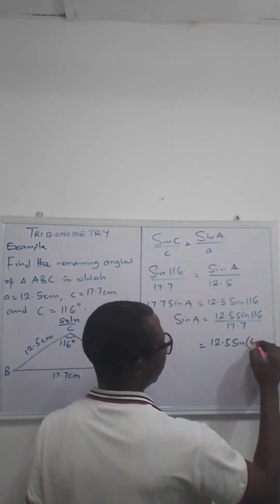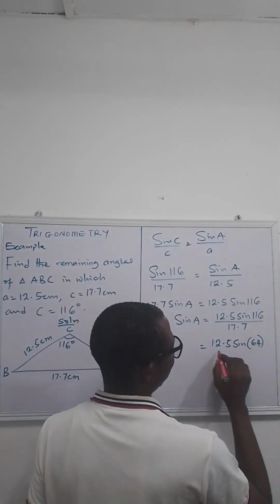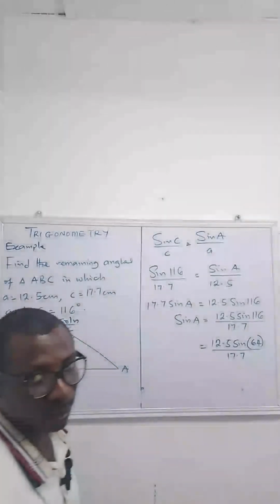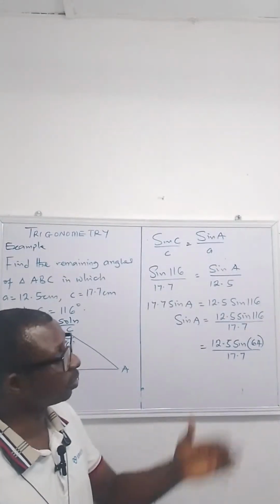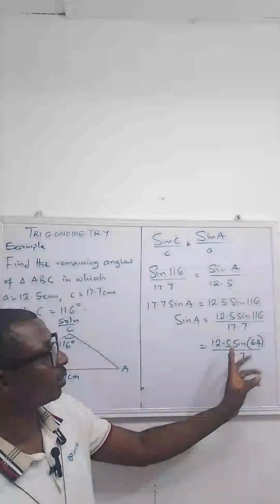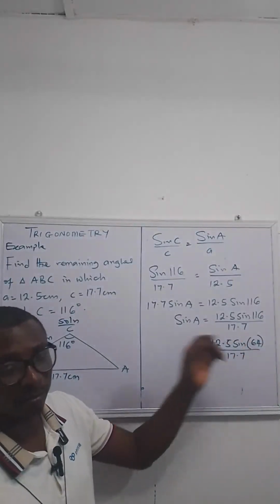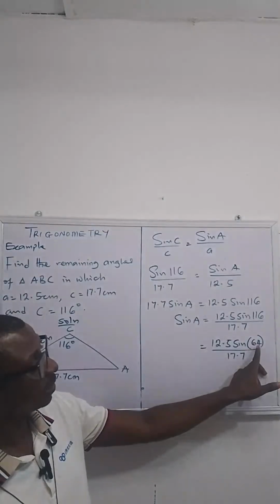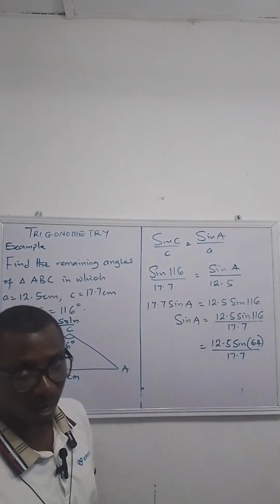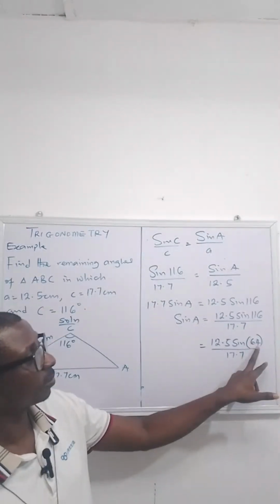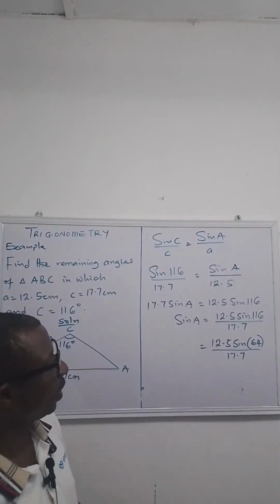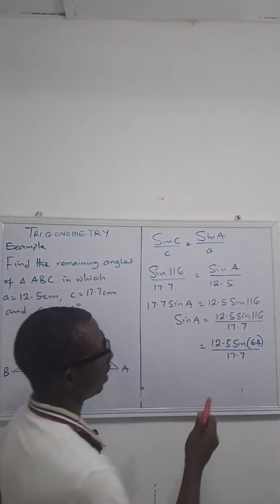You have 64, over 17.7. Now you see, once you punch your calculator, for those of you using a calculator, sine 116 is the same thing as sine 64. So how did I get this 64? Take away 116 from 180. So you have this. Now what do we have?